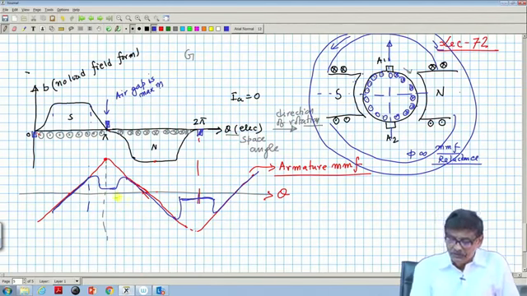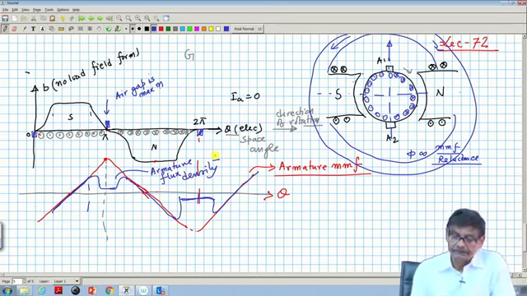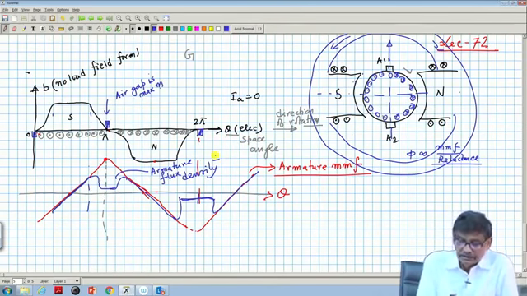Got the thing? So, this blue curve is the armature flux density. So, I am repeating what I have done.